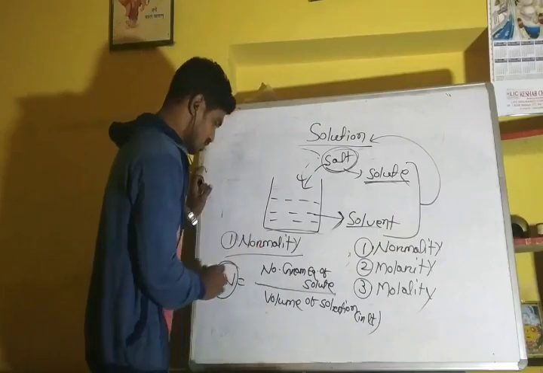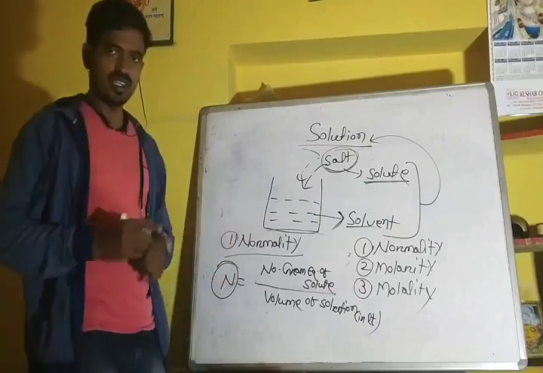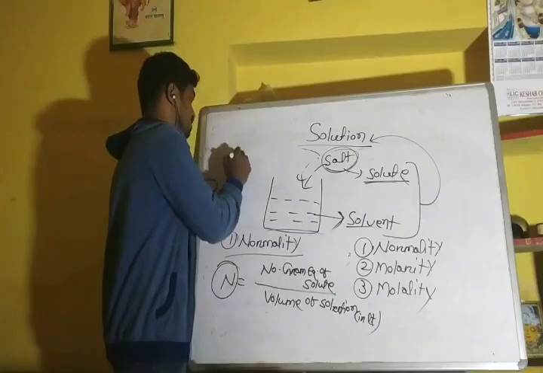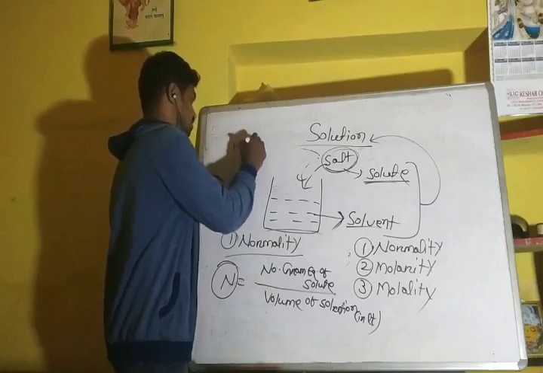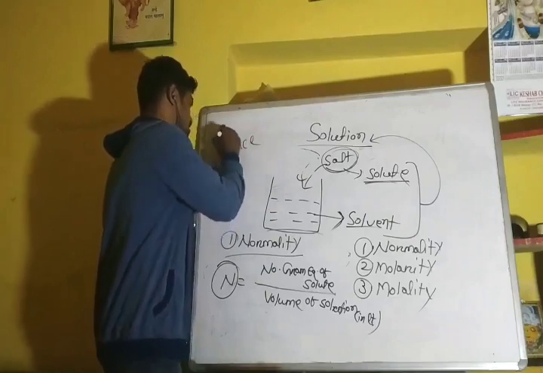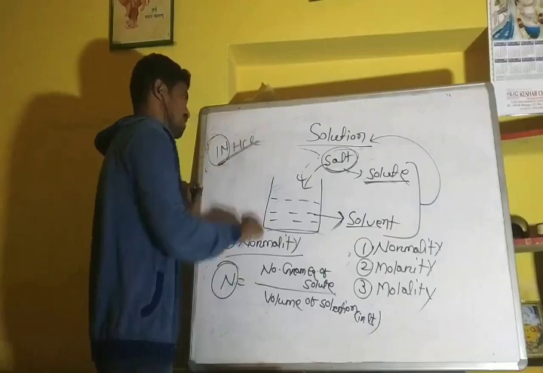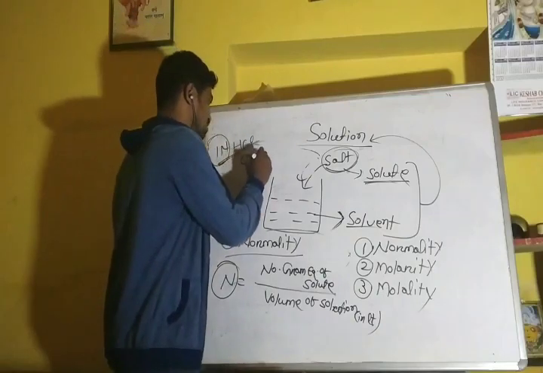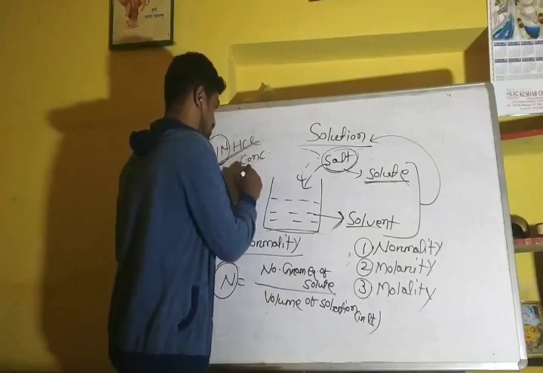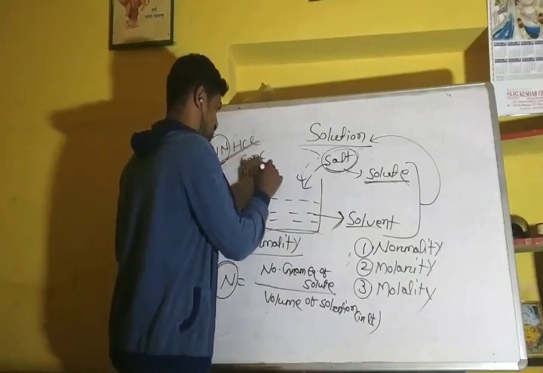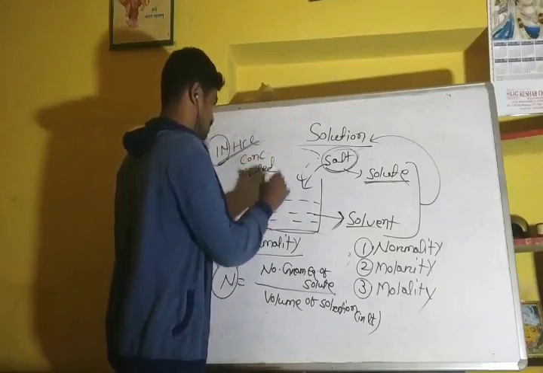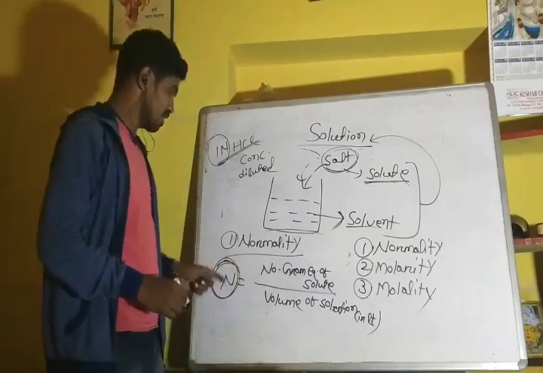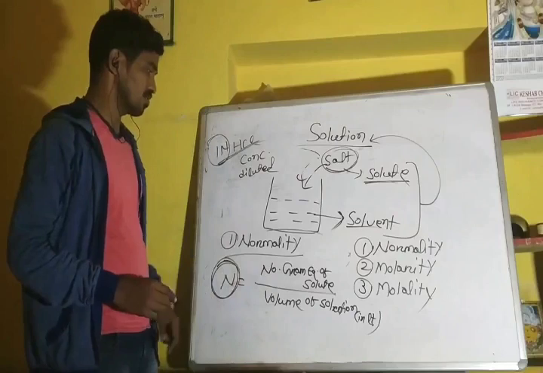If you see in your laboratory that some acids are written, like HCl 1N, that is the normality of that HCl, whether the HCl is concentrated or diluted. So for that we have to know the normality of the solution.